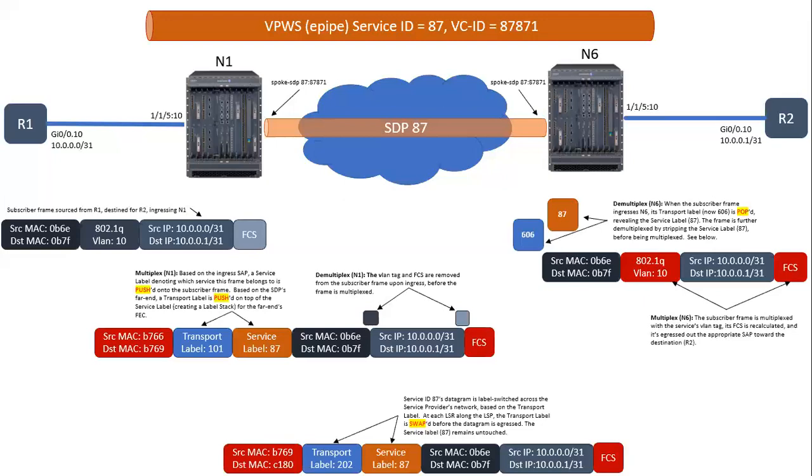So when N2 ingresses this MPLS packet with the transport label of 101, it swaps the 101 for 202 before egressing this packet out the interface destined for the next hop in our label switched path, which in our case, of course, would be router 3.